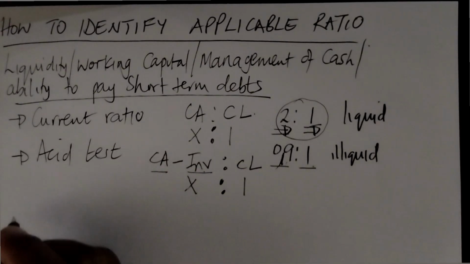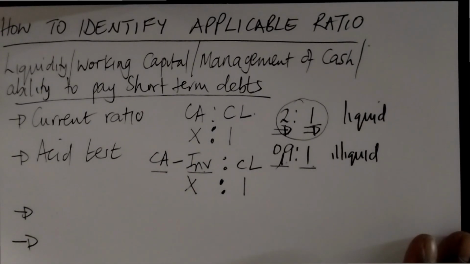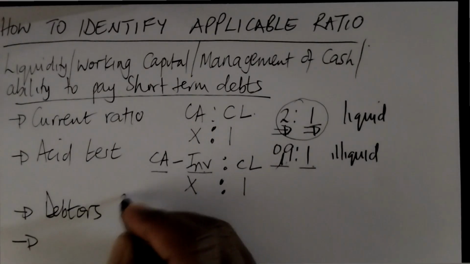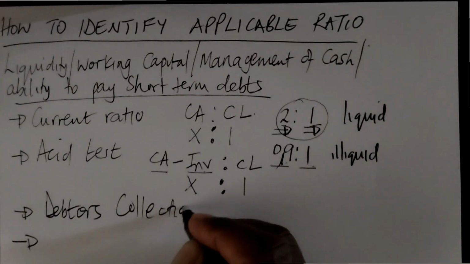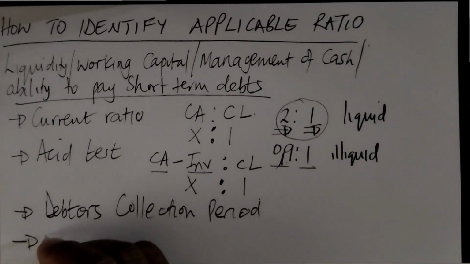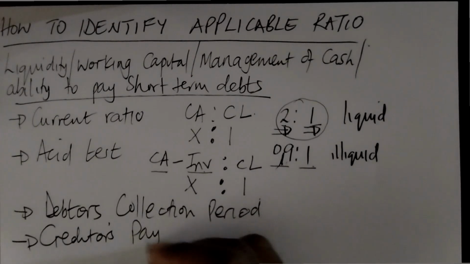Now, and then number 3, I normally want to combine number 3 and number 4, right? It's your debtors collection period. That's 1. And then it's your creditors payment period.